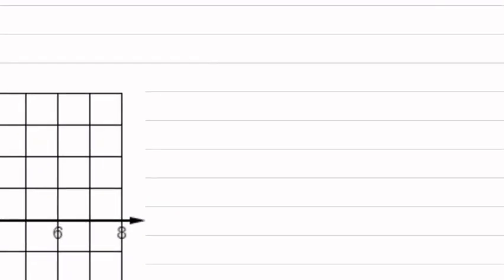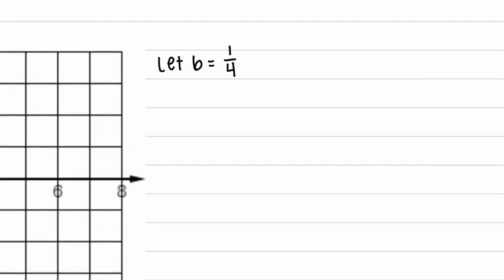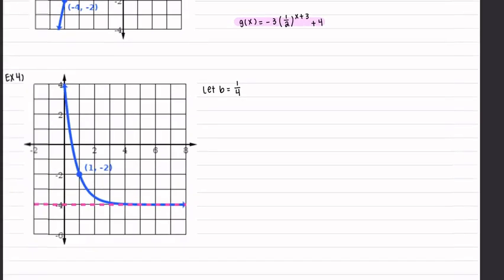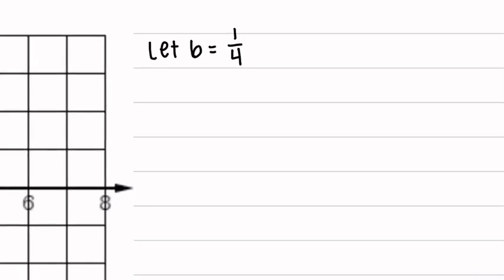All right, for this one, we will let b equal 1/4. We know that our horizontal asymptote is at y equals -4, which means our function has moved down 4. That represents k. K equals -4.